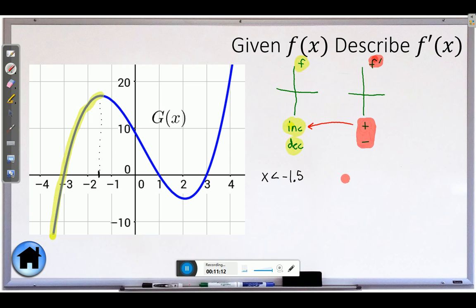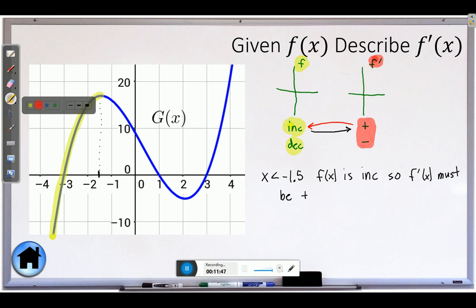X is negative 1.5. We know that f of x is increasing. So that means that the derivative f prime must be positive. All right, it's using this exact same relationship here that we used before, only in a different direction.